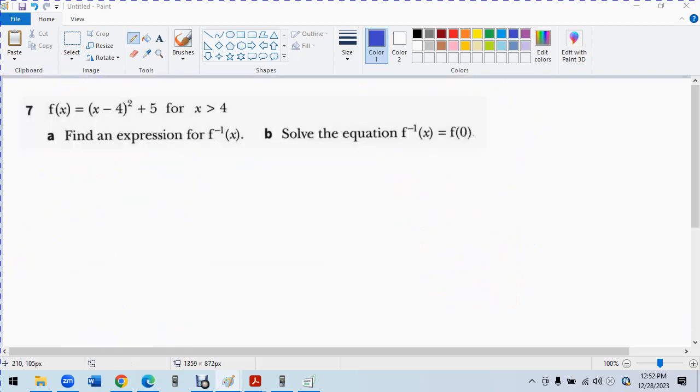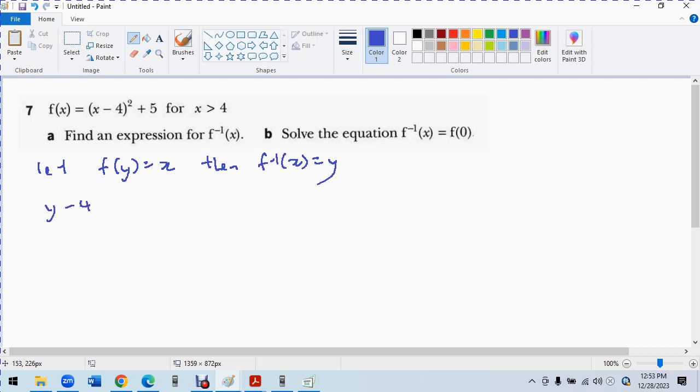Question number 7. Find f inverse. So let f(y) equal to x, then f inverse of x equal to y.